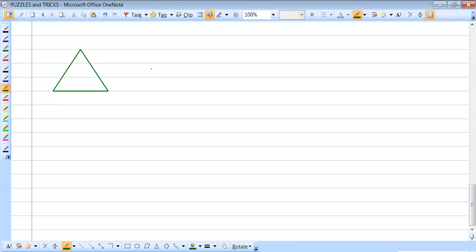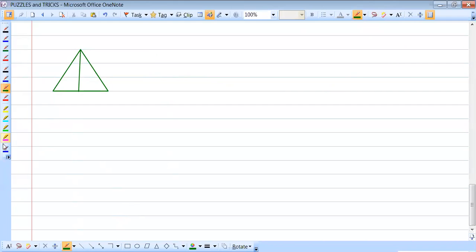Only one triangle. Very good. Now tell me how many triangles are there? 3 triangles. Very good, 3 triangles is the right answer.